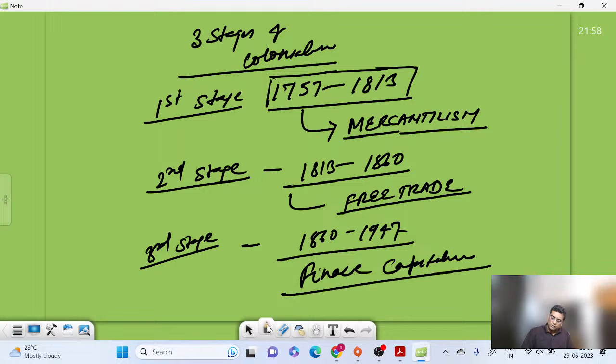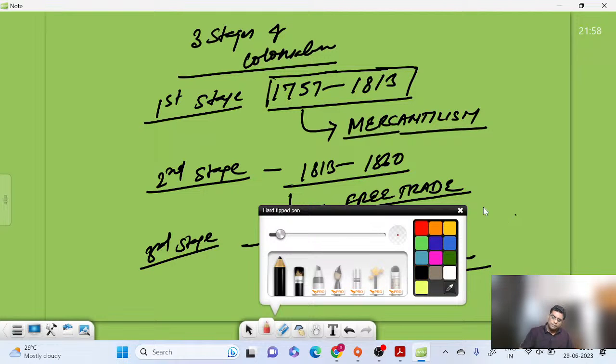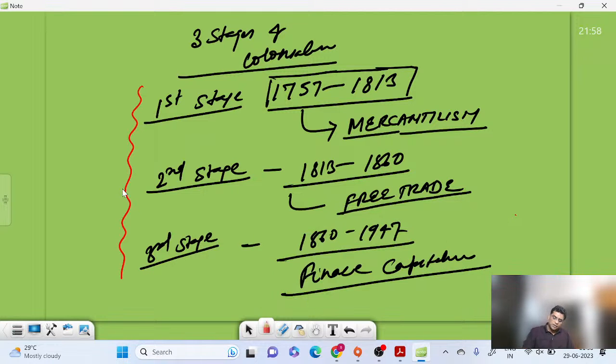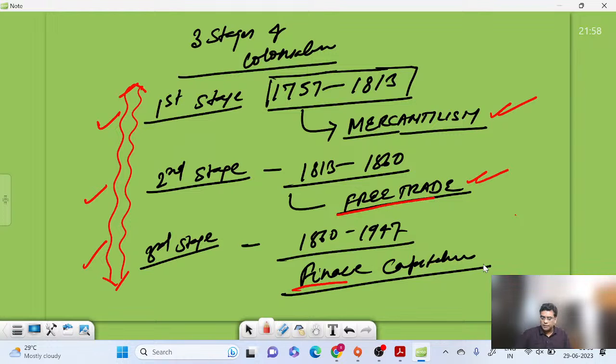So there are three stages of colonialism: first, mercantilism from 1757 to 1813; second, free trade from 1813 to 1860; and third, finance capitalism.